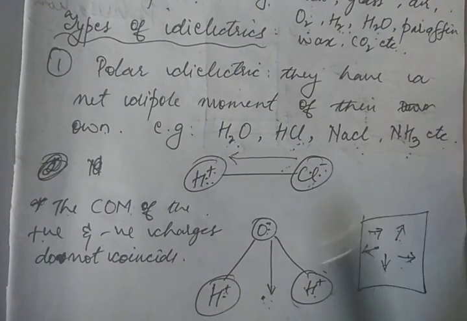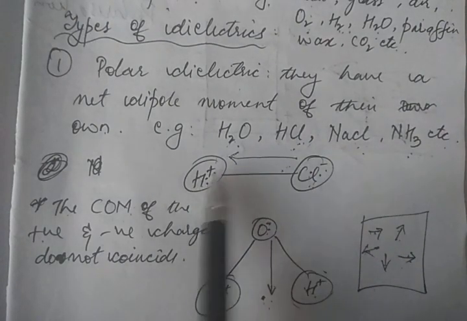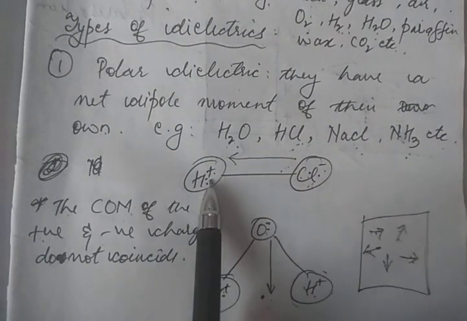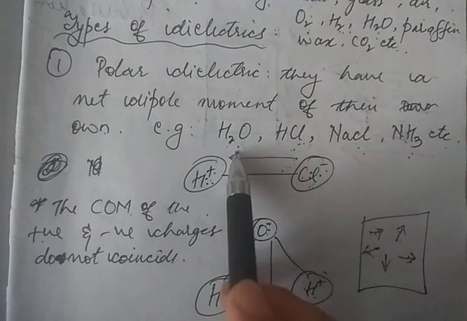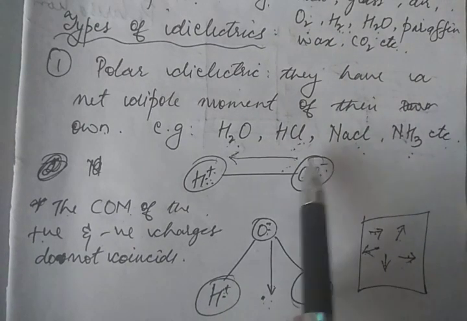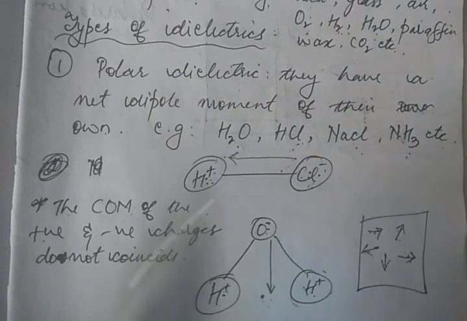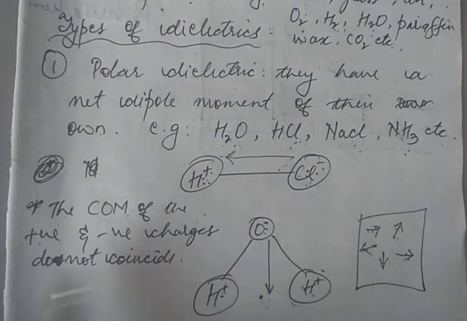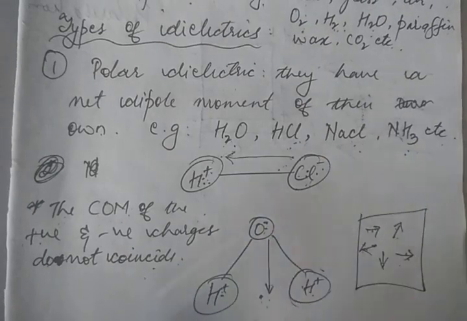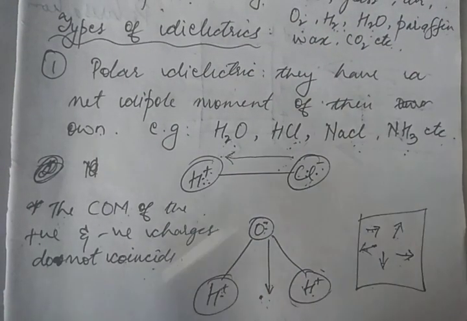So the centers of mass of the positive charge and the negative charge are not the same, such that you have a net dipole moment, directed of course from the negative charge to the positive charge. The centers of mass of the positive and the negative charges do not coincide. This is one way of defining a polar dielectric. Remember, either you say this or you say this. Both are two different ways of saying the same thing.